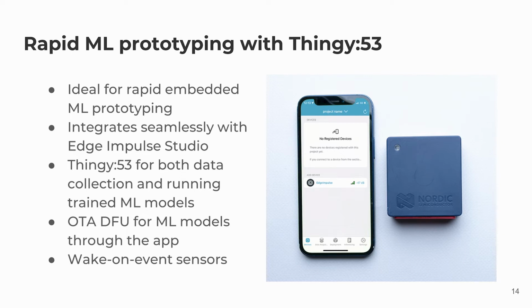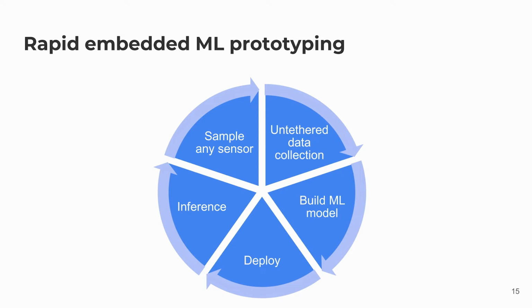So how does this work? Well, let's have a look at the circle of embedded ML prototyping. You start by sampling any sensor on the Thingy53. And once you have sampled a sensor, the app has already wirelessly transferred your sensor data into Edge Impulse Studio via your phone's internet connection.